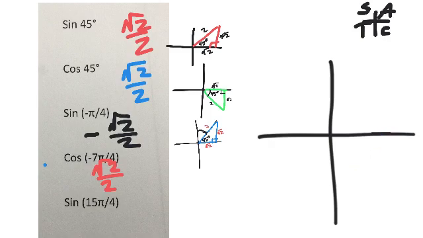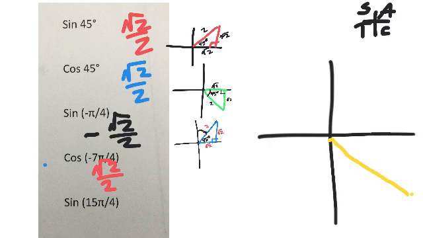Or if you want to count all the way through, 1 pi, 2 pi, 3 pi, 4 pi over 4, 5 pi over 4, 6 pi over 4, 7 pi over 4, 8 pi over 4, 9 pi over 4, 10 pi over 4, 11 pi over 4, 12 pi over 4, 13 pi over 4, 14 pi over 4, 15 pi over 4. Or you could convert it to degrees. Again, there's no one correct way to do it. However you can figure it out, we'll take it.